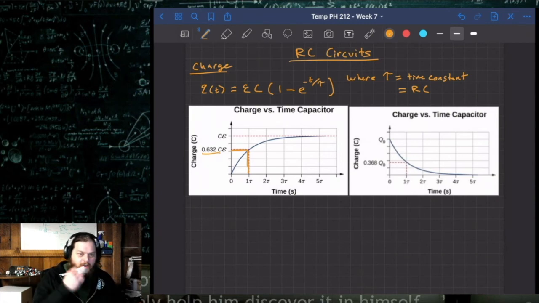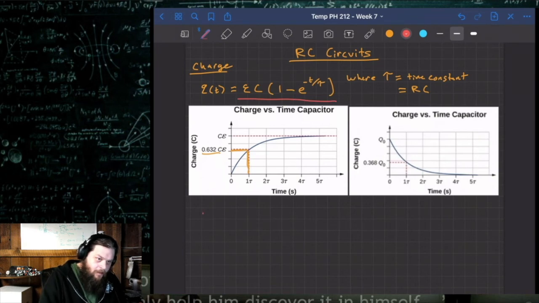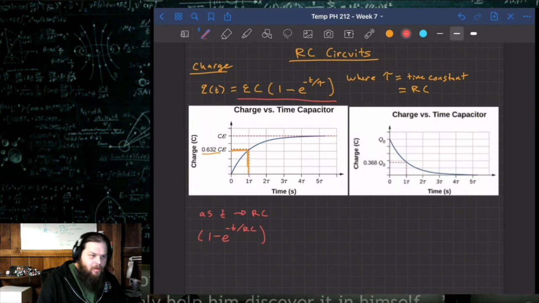And we can show that by looking at this equation that we have here. As t approaches that value, that time constant RC, we're looking at the exponential term, or that binomial, 1 minus e to the negative t over RC. I'm going to write RC here instead of tau. We can see that behavior. That behavior is going to approach this 0.632.